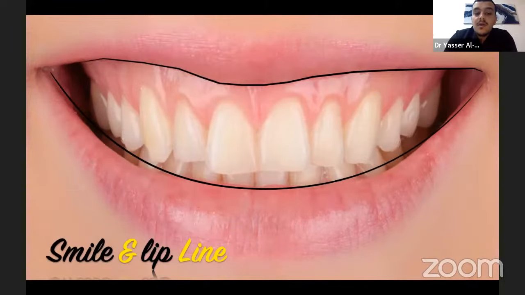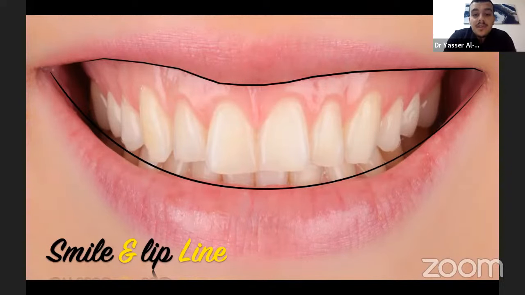Now we will talk about the smile and lip line, which means the curvature of the teeth according to the curvature of the lower lip. There are three types of smile line: positive, straight, and negative.